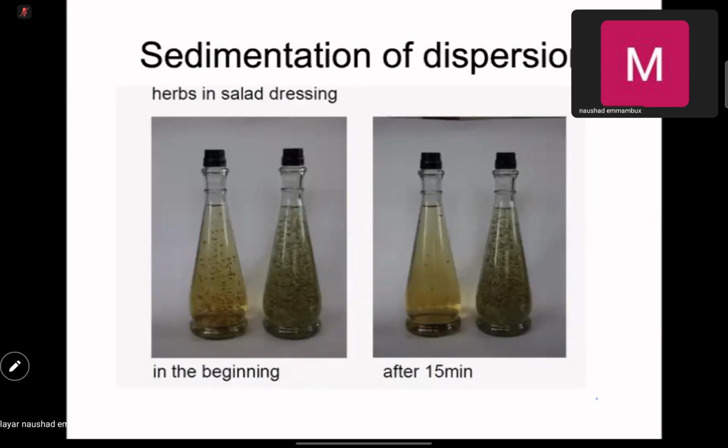These are just two types of salad dressing that have some herbs inside. This is at the beginning, and this is after 15 minutes. This is your right hand side and this is your left hand side.